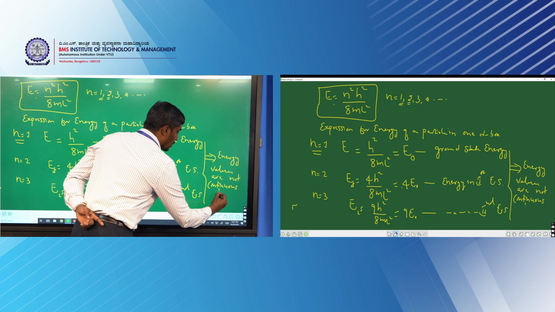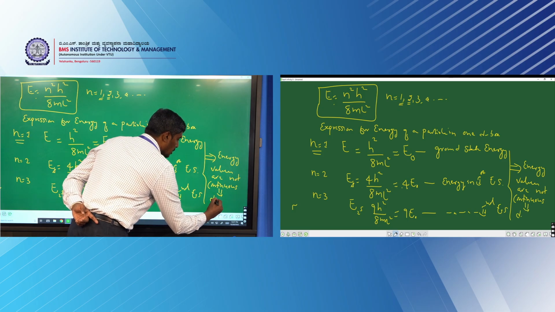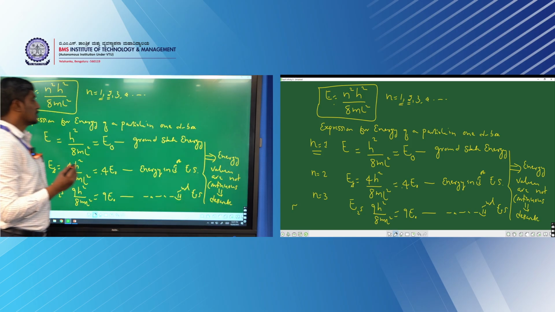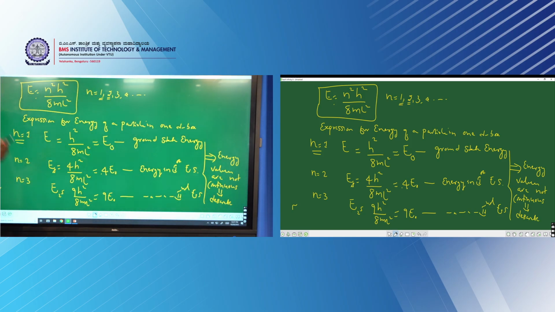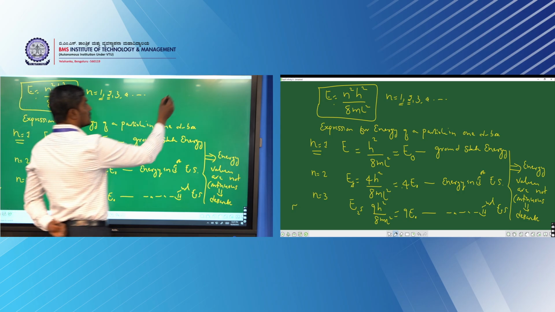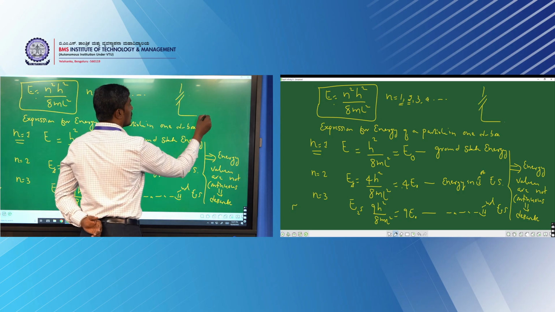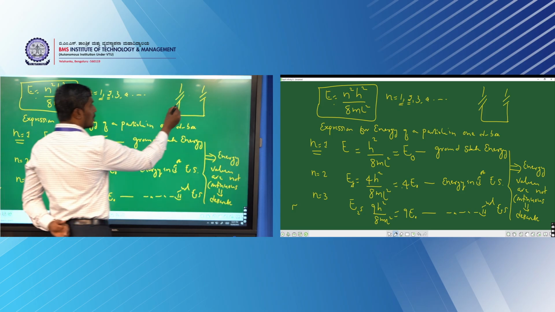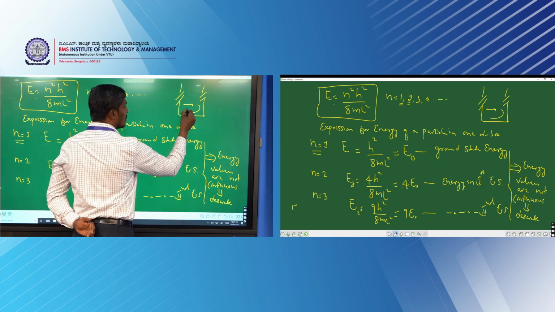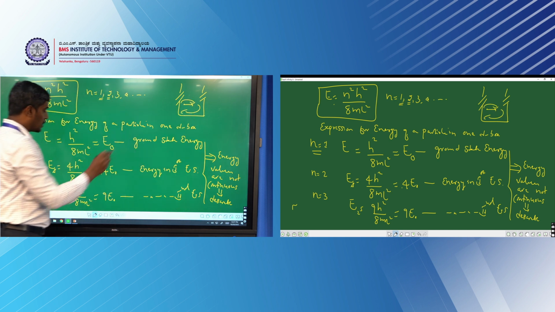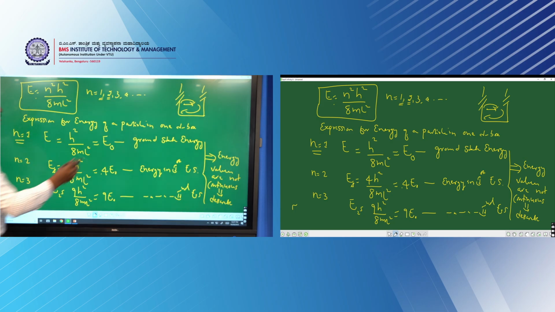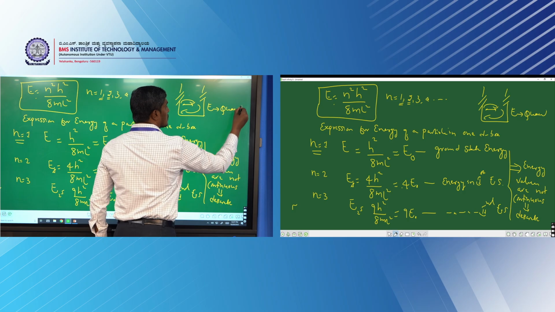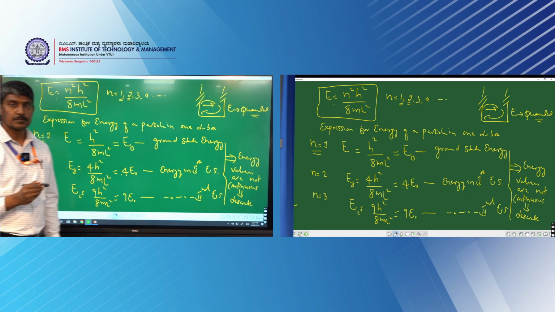Discrete, or energy is discrete. So if I apply the Schrodinger wave equation to this particle, remember we have taken a particle in a box, a potential well, a particle which was moving inside this. Now as per this equation, the energy of this particle, that is E, is quantized.